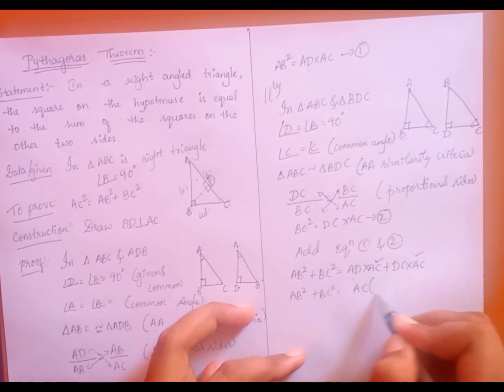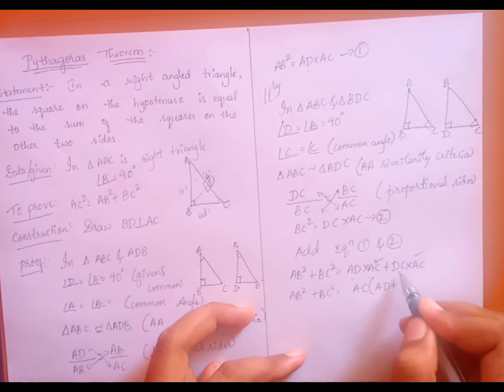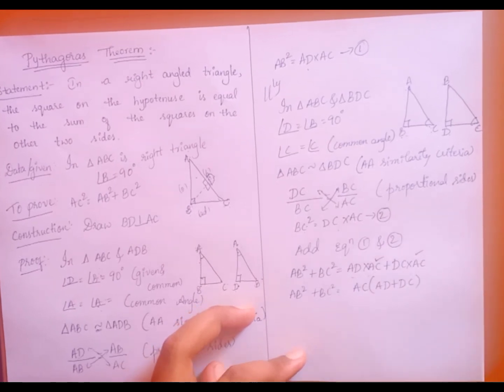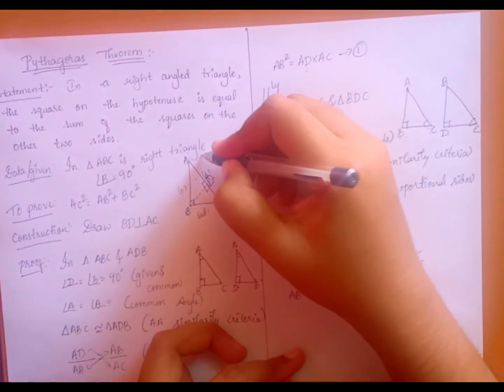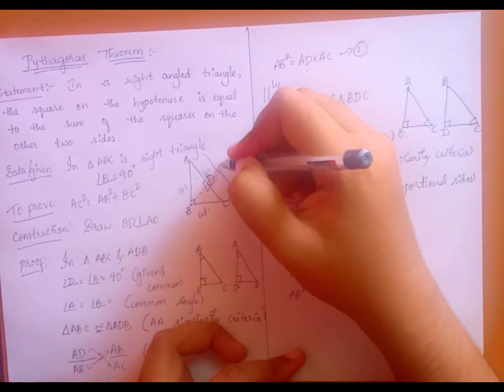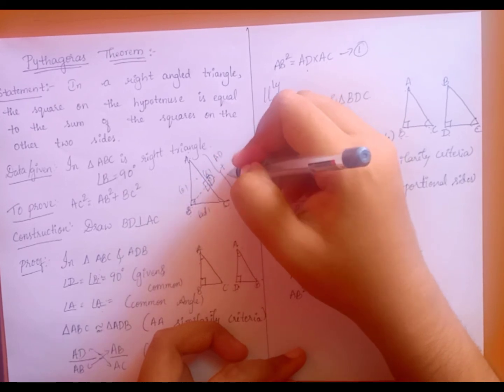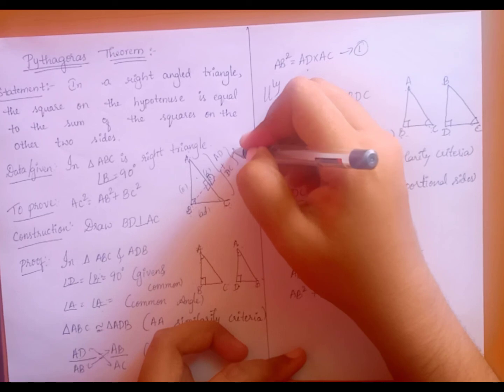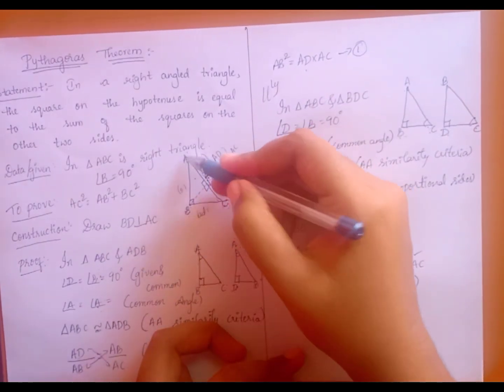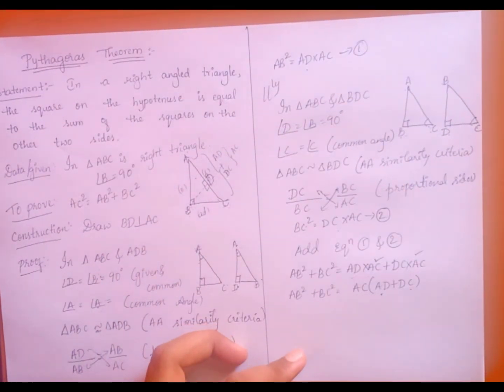If I take AC common, I'll get AD plus DC, because only that is left over. AD plus DC gives us AC, because the total is AD plus DC.